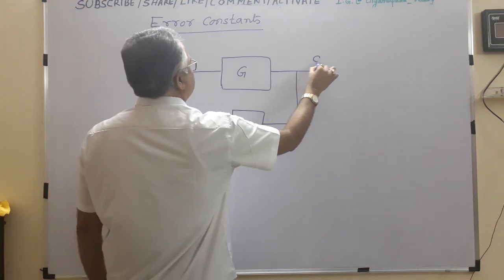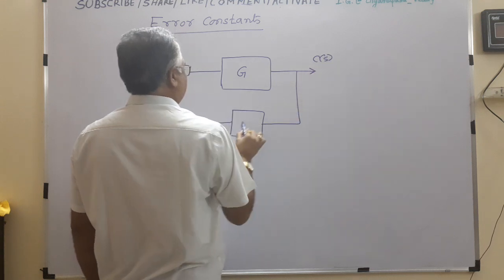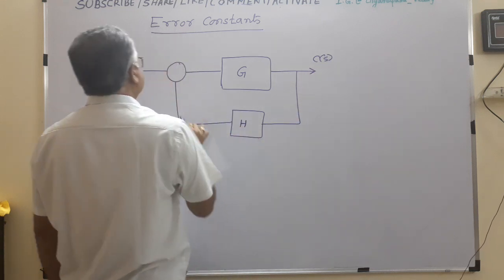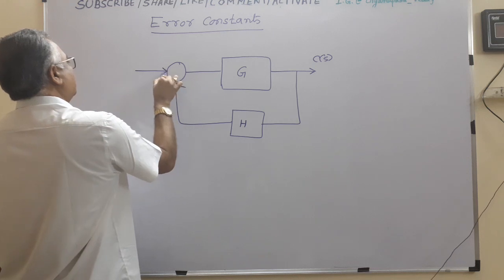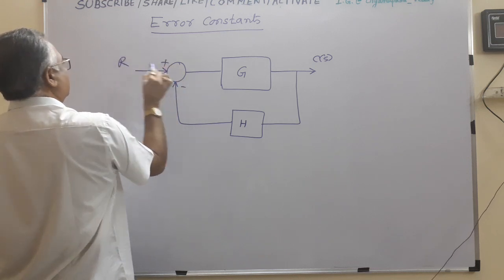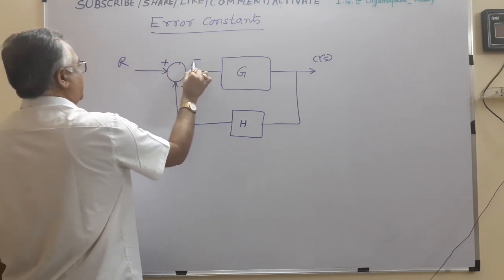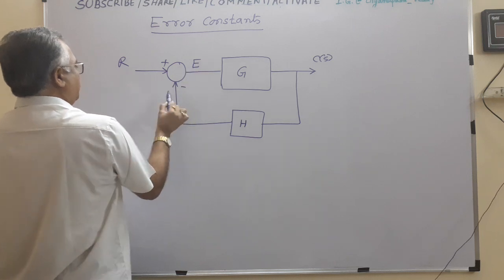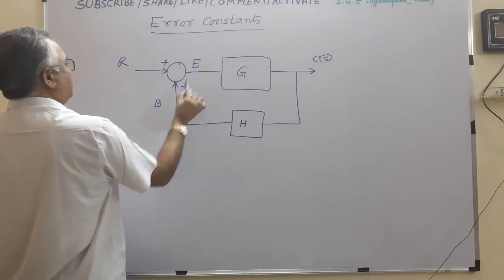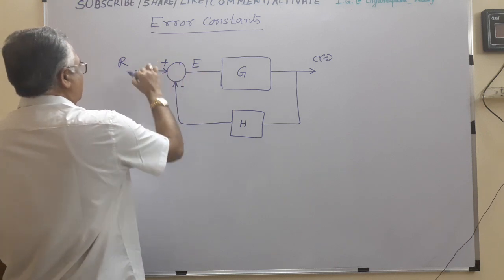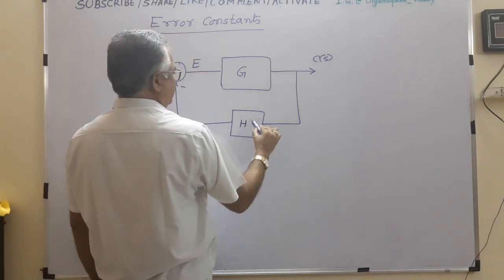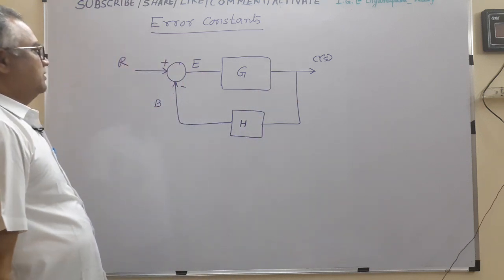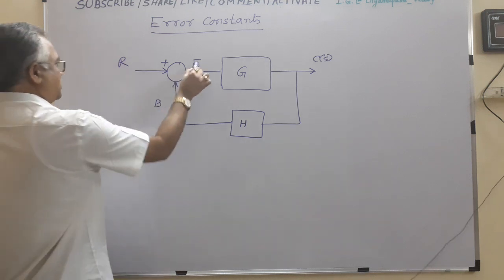So this output is C of S, H of S. This is the error E. This feedback signal is B. B of S, E of S, R of S, G of S, H of S. So what is the error here?